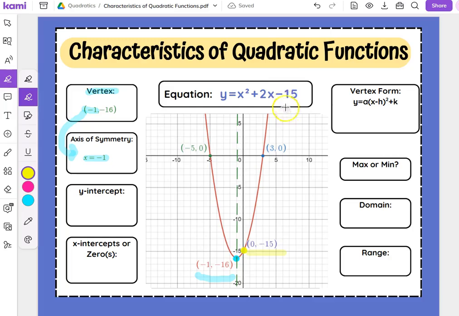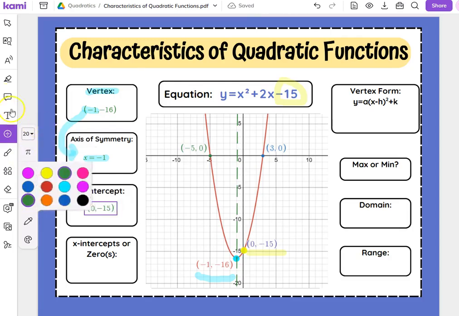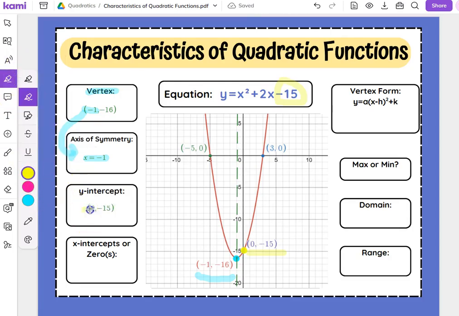We learned standard form when we were doing quadratic formula, but this number right here is my y-intercept. So our y-intercept is the point 0, -15. It will always start with a 0 and then have a number behind it.